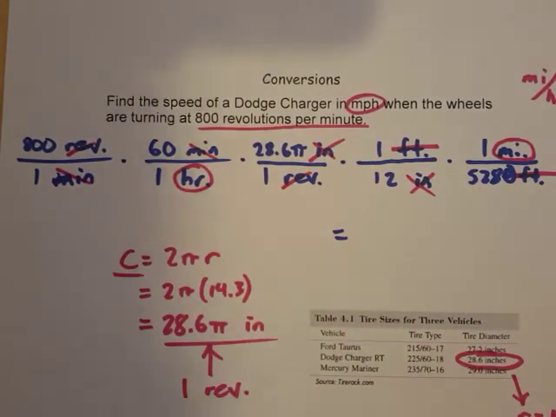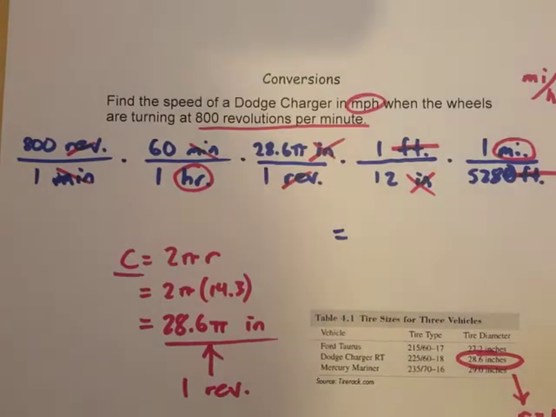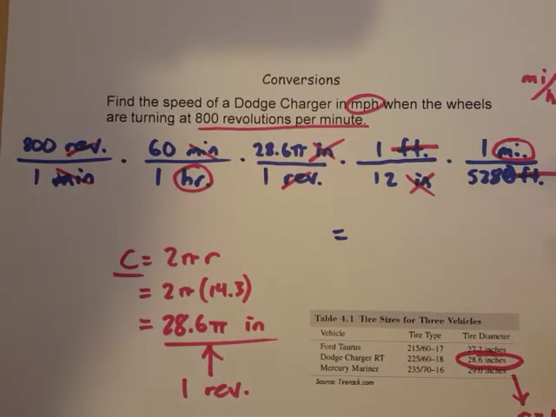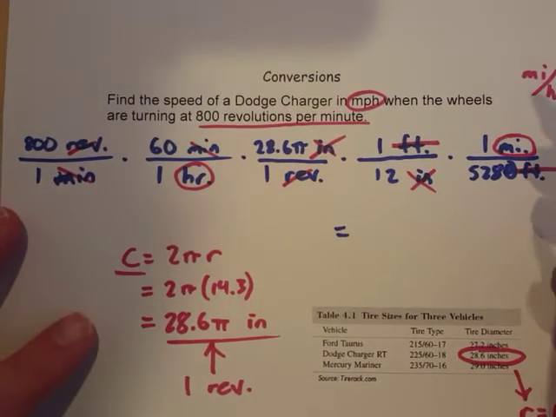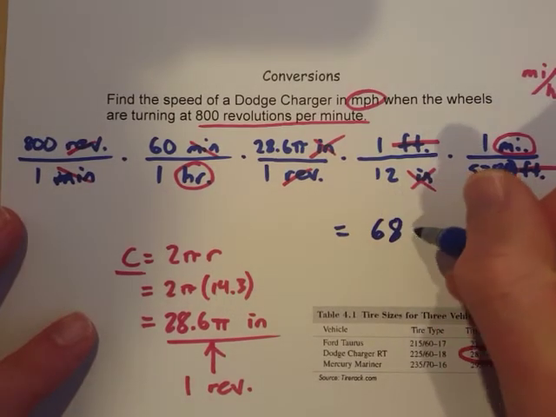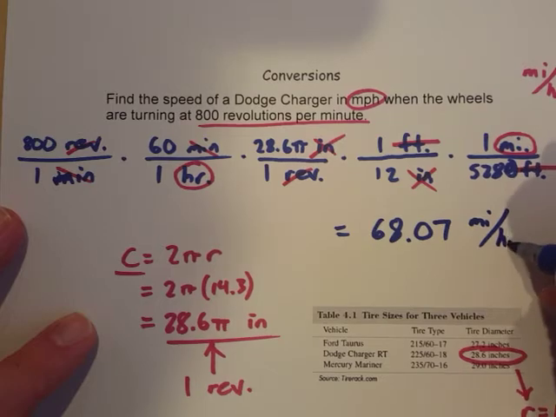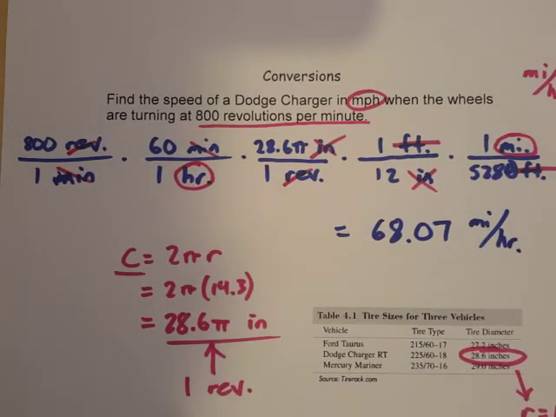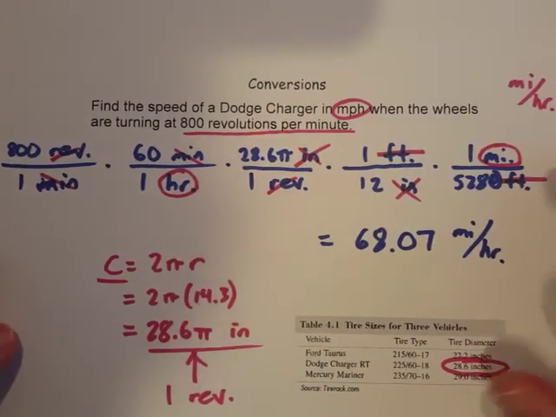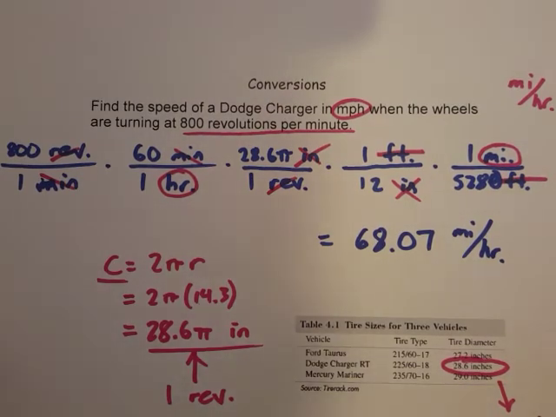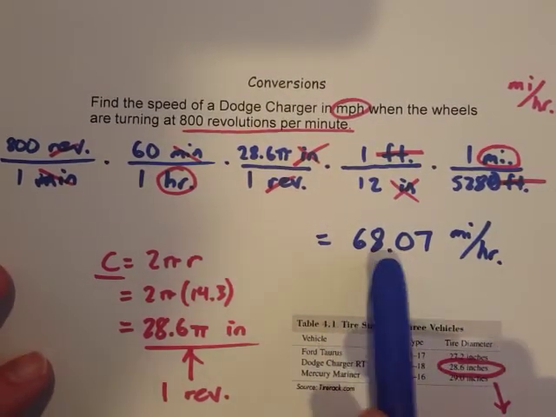So just pay careful attention to order of operations, because if you don't, it could have a remarkably different answer. And that ends up being about 68.07 miles per hour. Now, I didn't mean that to come out so close to the last example. That was kind of a coincidence that it was so close in the number for the last example.